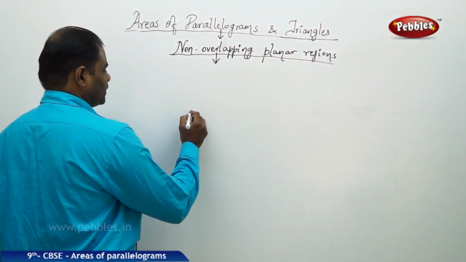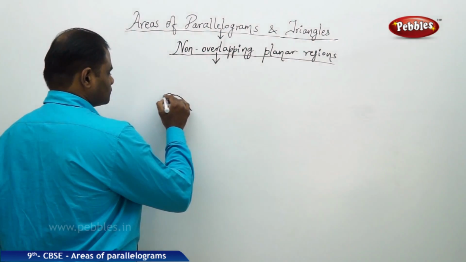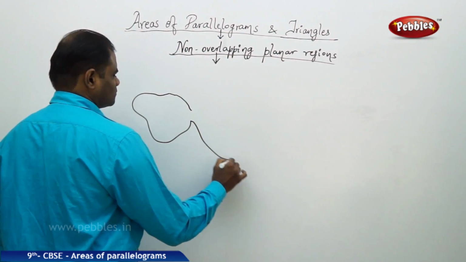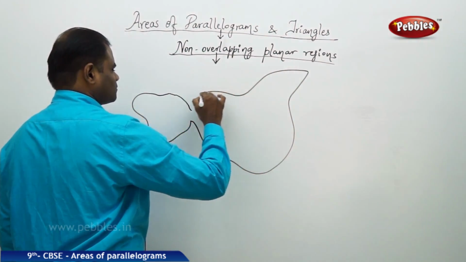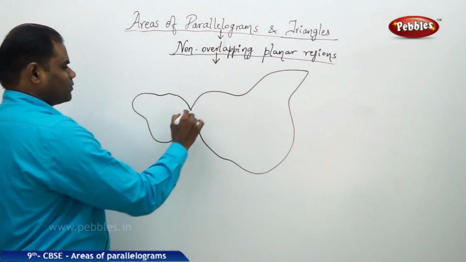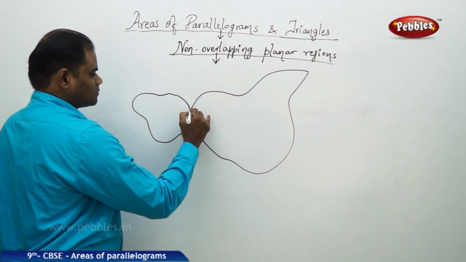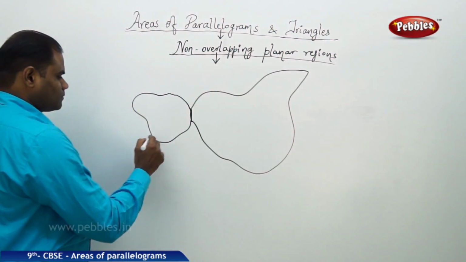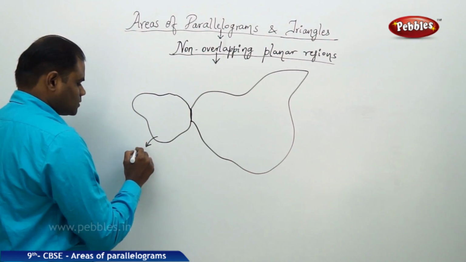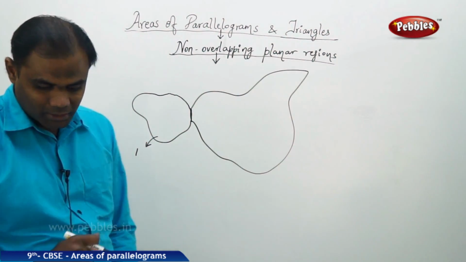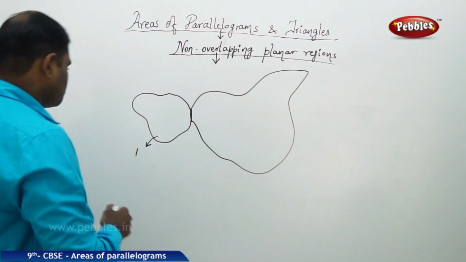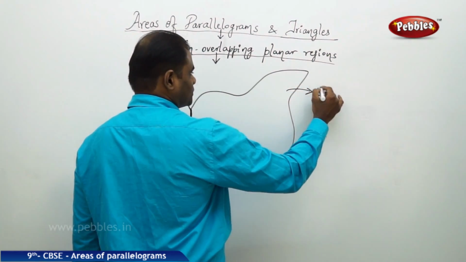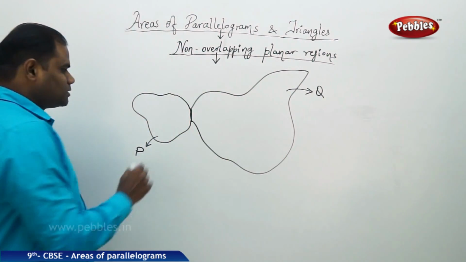For example, I have these two regions which are separated here. This is region A, which I denote with P, and this is region B, which I denote with Q. So I have two regions here.